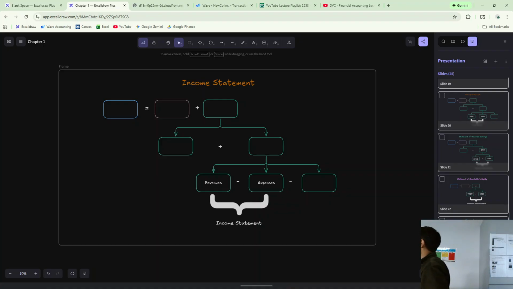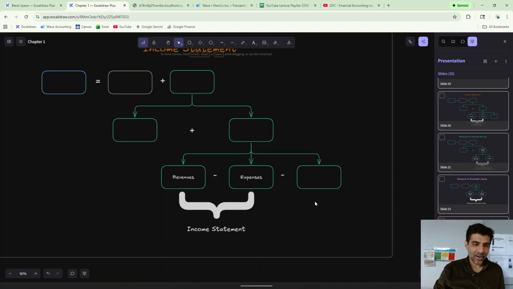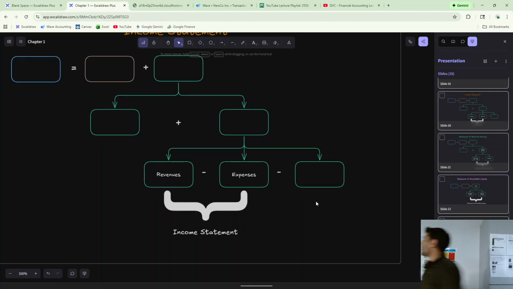What we're doing is trying to work our way from the bottom of this up to the top, which is our main accounting equation: assets equals liabilities plus equity. So in order to get to there, we need to first figure out our balance of equity, because there's a lot of details going on there.